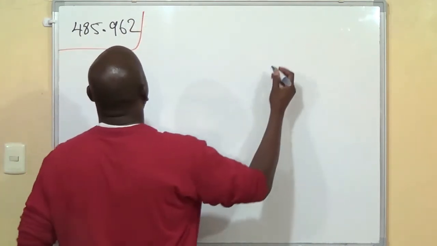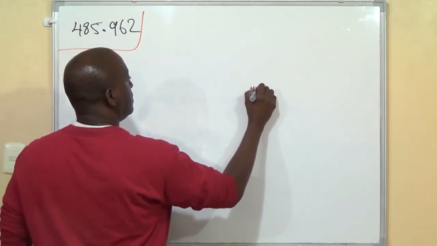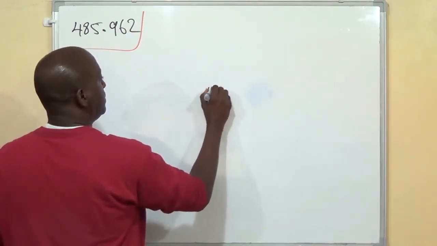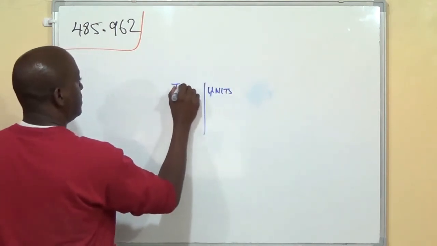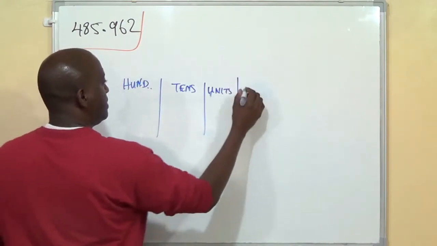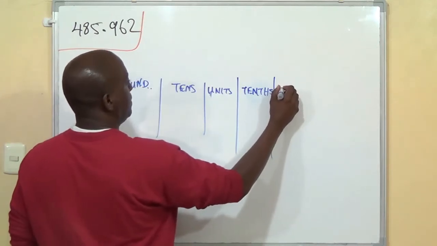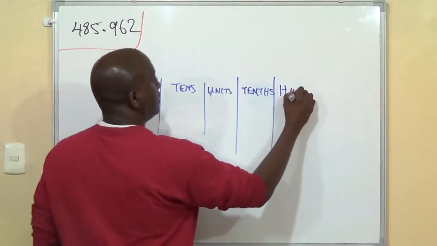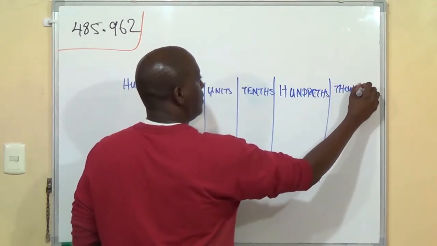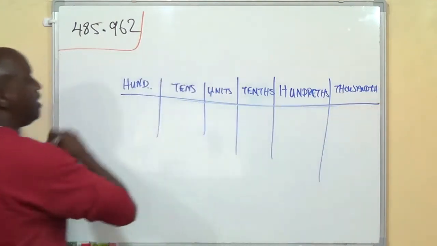And we see now that, let me see how much space we will need, we will need units, tens, hundreds, and then this will now be tenths, big difference, hundredths, and this would be thousandths, big difference, right?